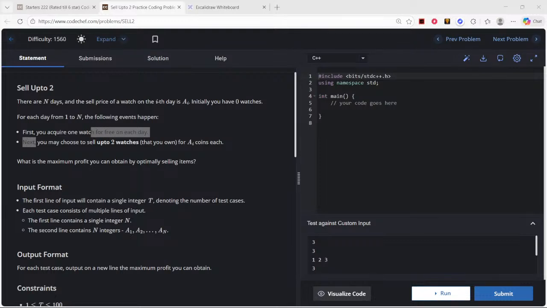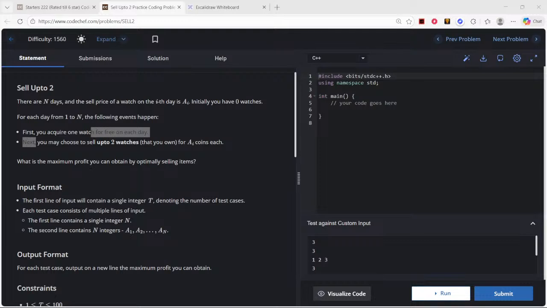We basically understand that if I had W watches at the start of the day, after the first event I will have W plus 1 watches.